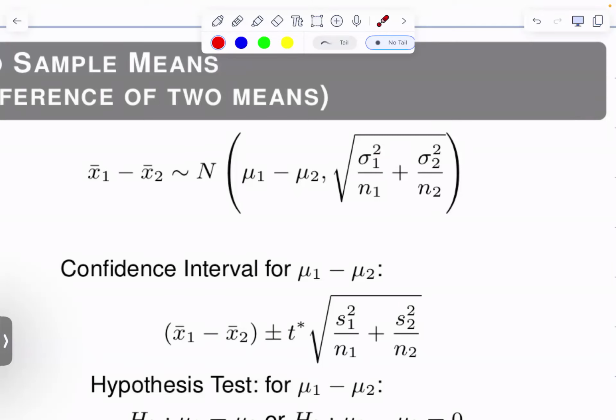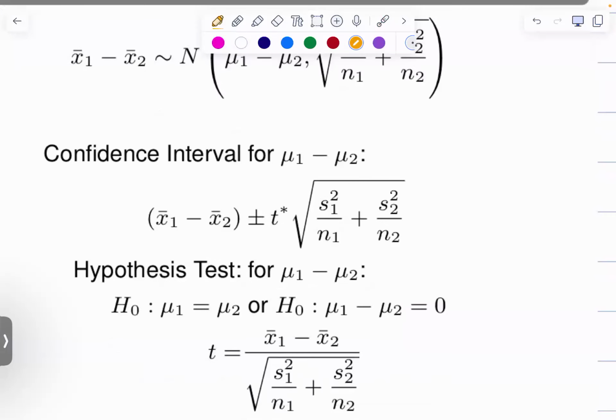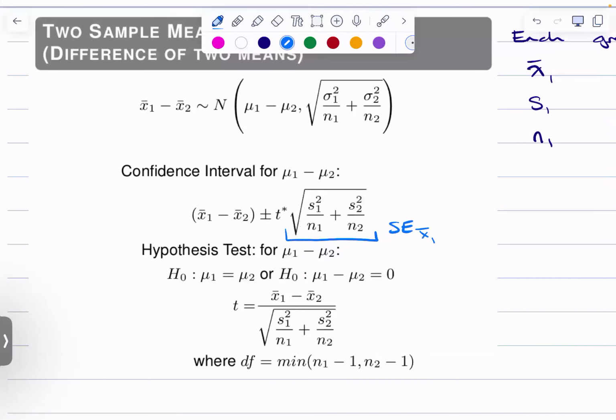Instead of sigma 1 squared over n1 plus sigma 2 squared over n2, I've replaced the sigmas with my best guess from my data, which is s1 squared over n1 plus s2 squared over n2. This is the standard error of x1 bar minus x2 bar.